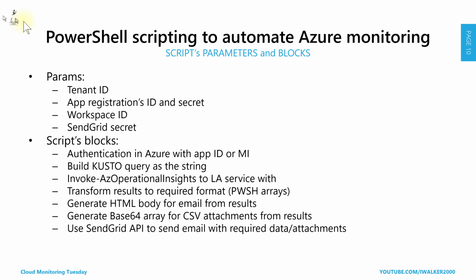We reviewed the script and found that it's really important to understand parameters like tenant ID, application registration ID, and secret in case of SPN, or application ID in case of an application. Plus, we need the workspace ID or workspace name to get this data, and the SendGrid secret if we are planning to execute this over SendGrid. So the SendGrid secret must also be configured there.